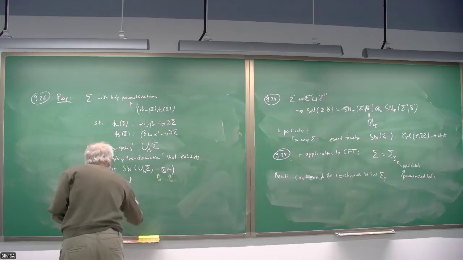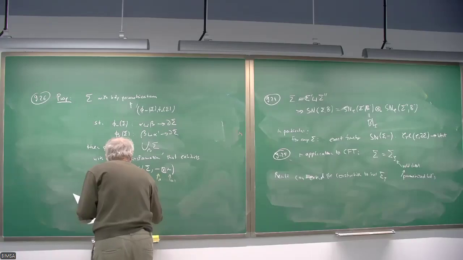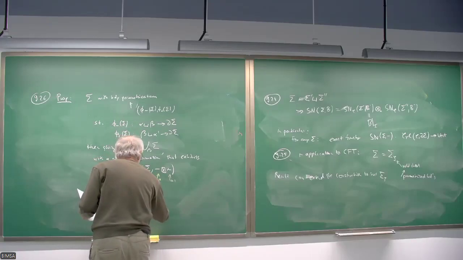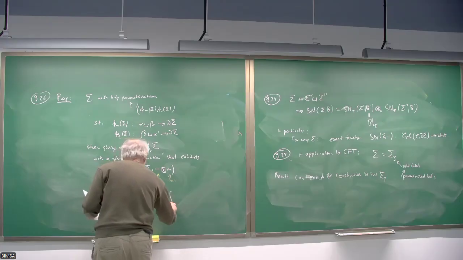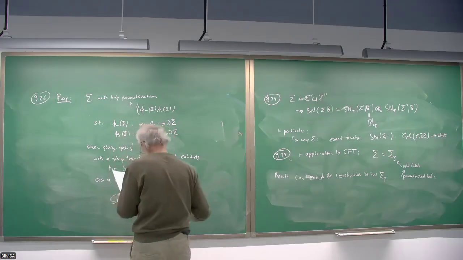So S in C of the glued surface can be written as the coend over all B in the cylinder category for beta.